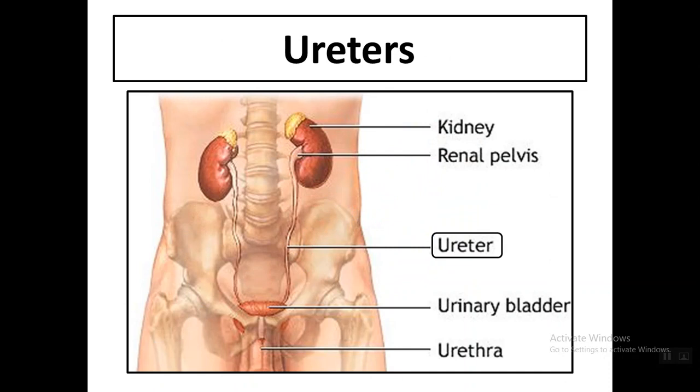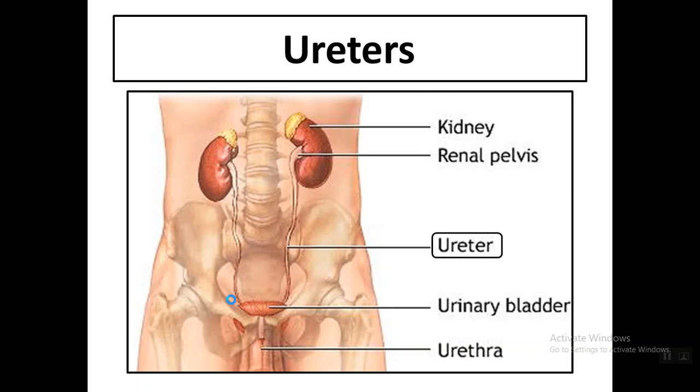The ureters. The ureters are muscular tubes about 25 cm in length, extending from the pelvis of the kidney, which is funnel shaped, down to the urinary bladder.